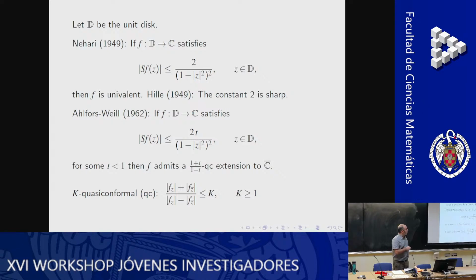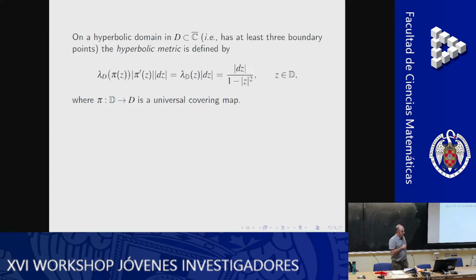Let's see how things go to more general domains. Well, first of all, I want to measure the growth of my Schwarzian. And to do that, I need for the domain to support the hyperbolic metric. So I need to ask for a hyperbolic domain, missing at least 3 points in the Riemann sphere. So in this type of domains, you can push forward with a universal covering map.